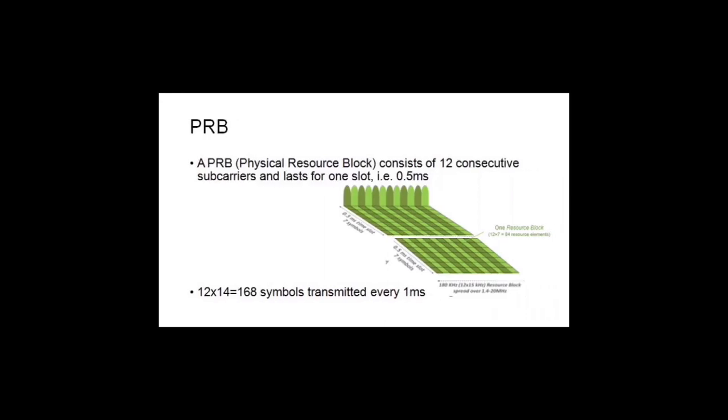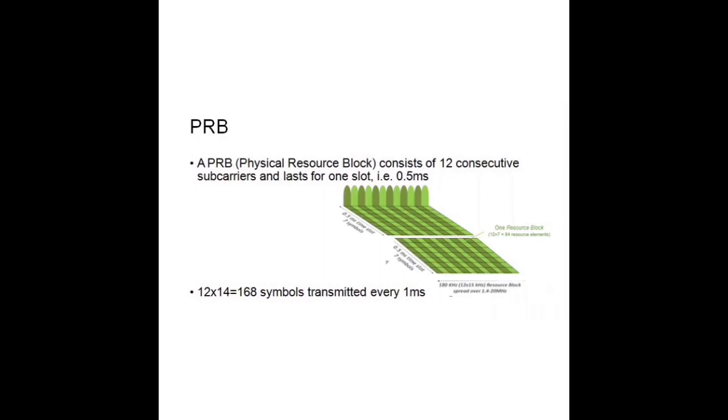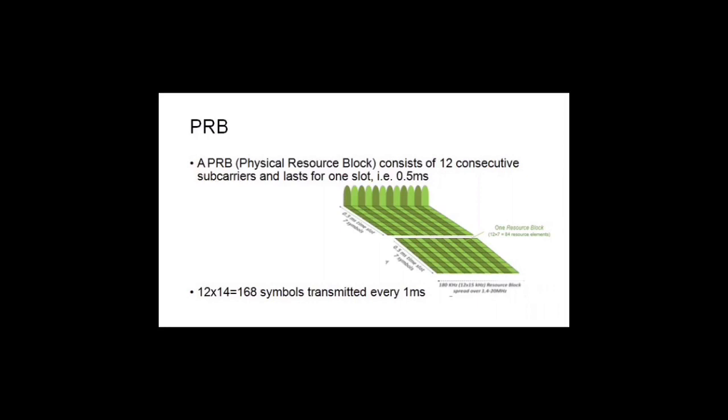In brief, radio resources are defined in the time and frequency domain and divided into resource blocks. A physical resource block consists of 12 consecutive subcarriers during 0.5 milliseconds. A user is typically allocated 1 millisecond of time, so 2 slots and 2 consecutive physical resource blocks.